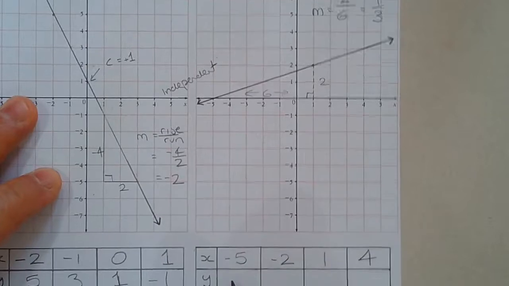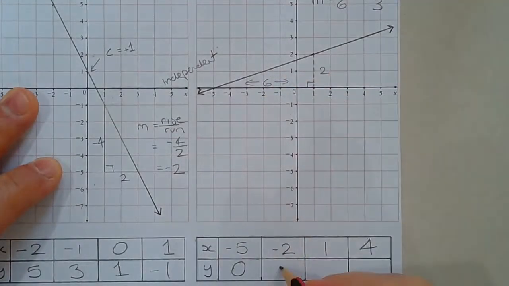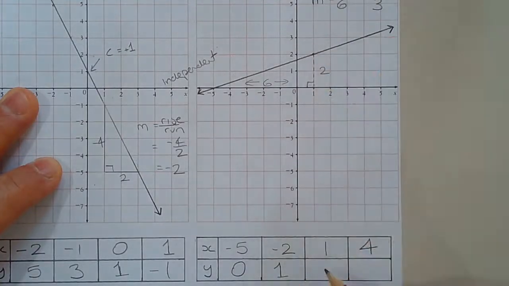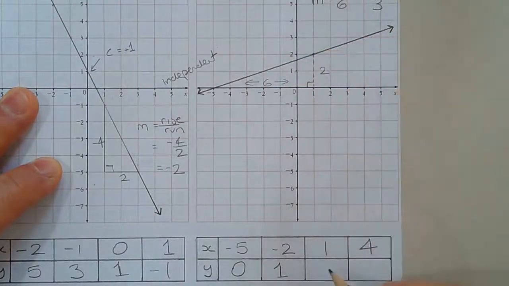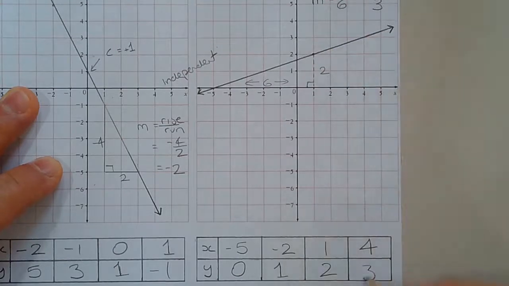So when x is -5, y is 0. When x is -2, y is 1. When x is 1, y is 2. And when x is 4, y is 3.